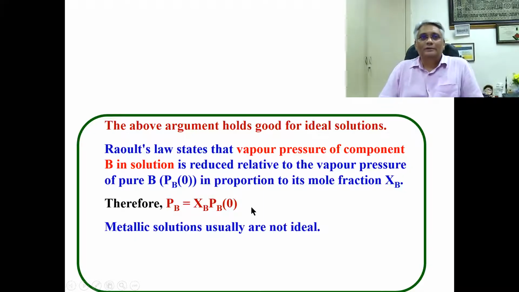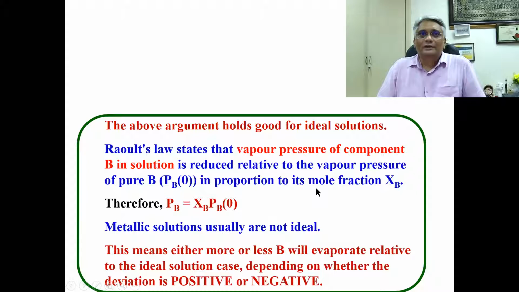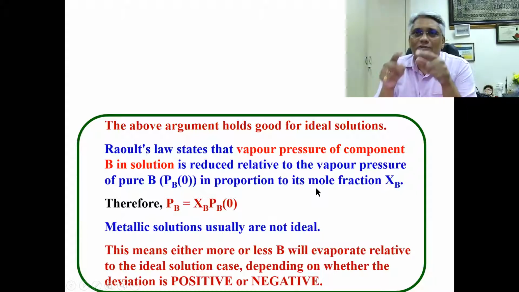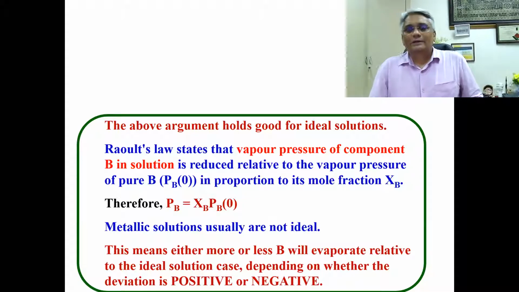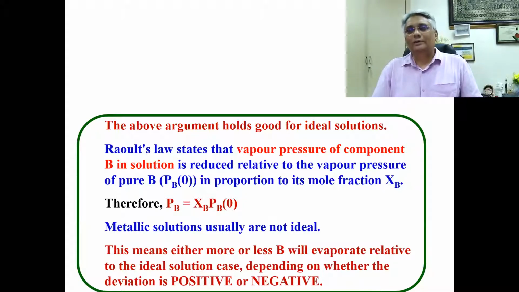I'll tell you why. Metallic solutions, as I mentioned, are not ideal. So this means either more or less of B will evaporate relative to the ideal solution case. In the ideal solution case, you expect both A and B to evaporate in equal volumes.